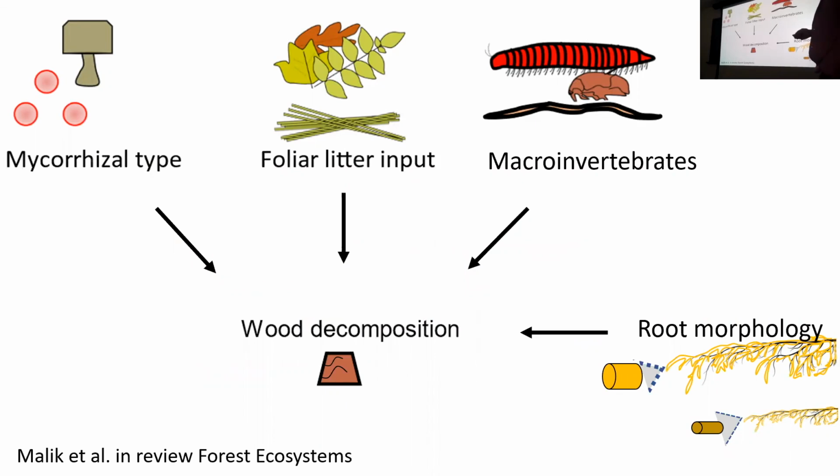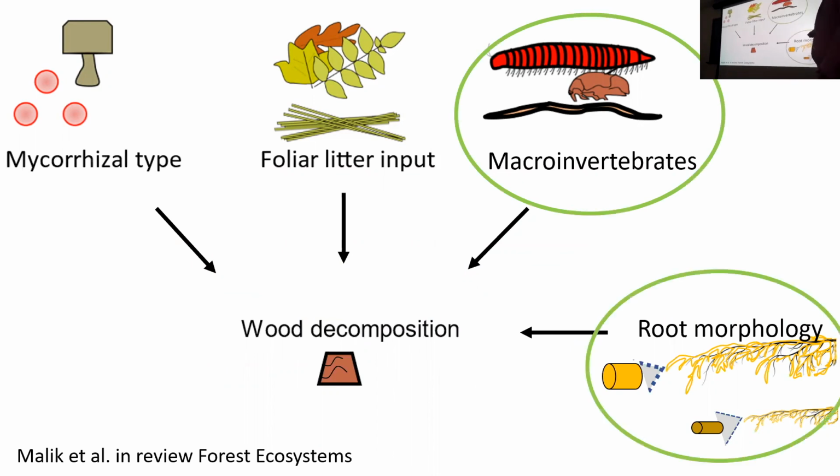So the working model of this experiment: I wanted to know whether mycorrhizal type, the foliar litter input from the canopy tree, the tree that's directly above the soil, was impacting wood decomposition, as well as the macroinvertebrates and root morphology. What I found was that there's a significant effect of macroinvertebrate exclusion, as well as a significant effect of root morphology. That's the fine root species versus the coarse root species.